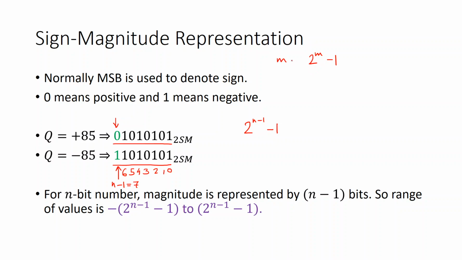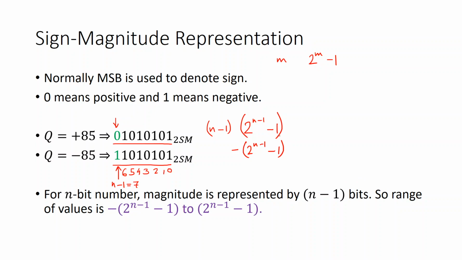This is for normal binary. Now for signed magnitude, if you have n bits, then the magnitude is represented by n minus 1 bits, and hence the maximum value is 2^(n-1) minus 1, and this is positive, and the negative will be simply minus 2^(n-1) minus 1.